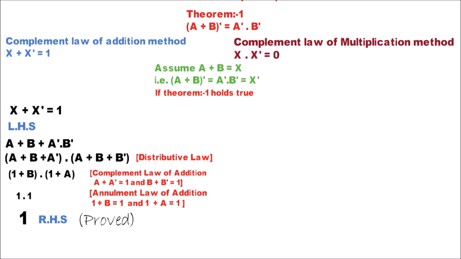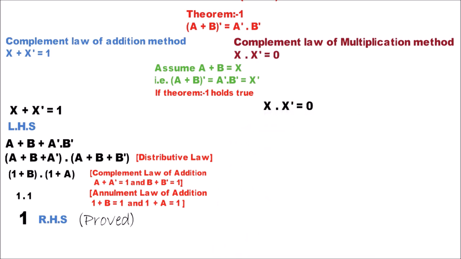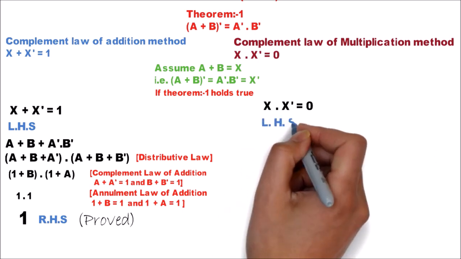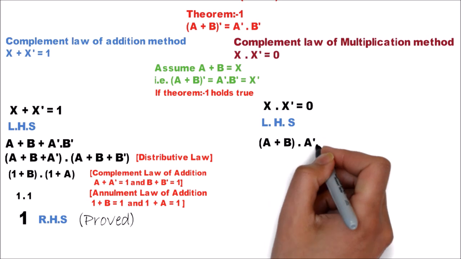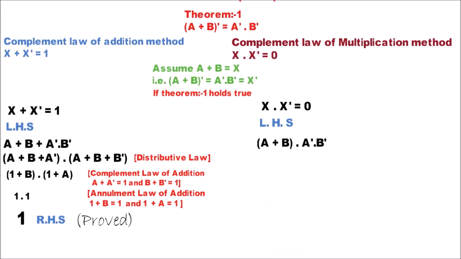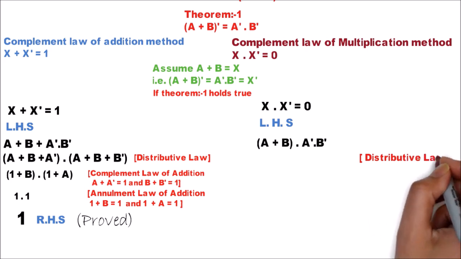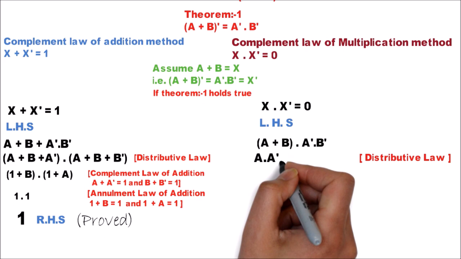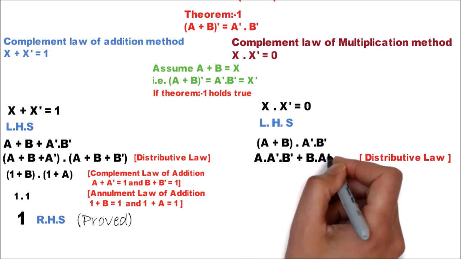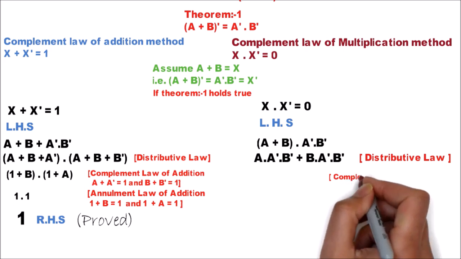Similarly, we can prove the theorem with the help of the complement law of multiplication method. Putting the value, (A + B) dot A complement dot B complement. Similarly apply the distributive law. The statement can be written as A dot A bar dot B bar plus B dot A bar dot B bar.